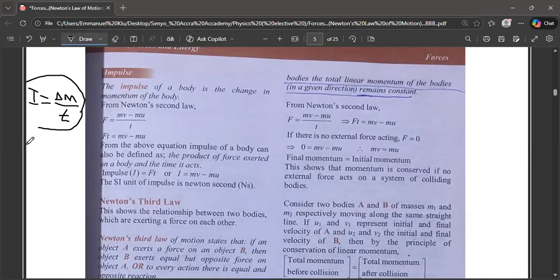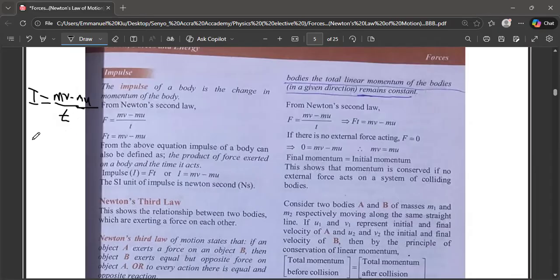You can also use this if you go into the examination and they ask you to explain impulse, and maybe you have forgotten whatever you learned. You could write that impulse I is equal to mv minus mu, all over t.